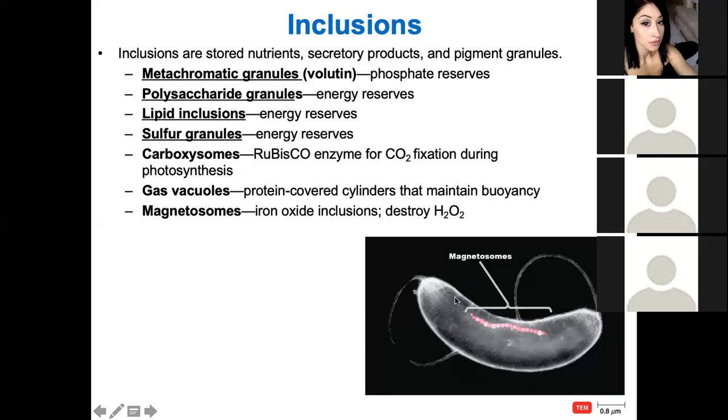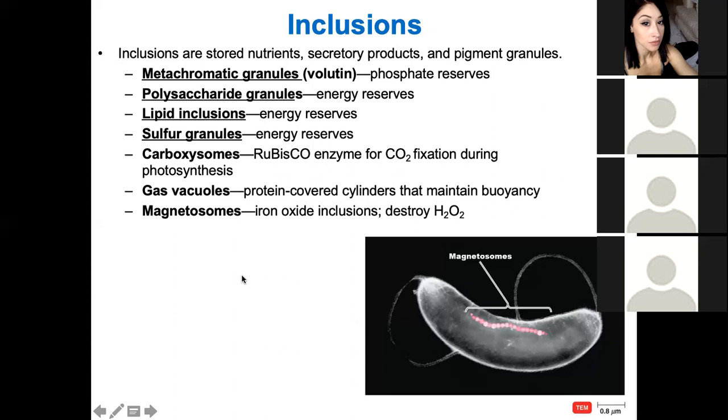And carboxysomes actually are sometimes quite easy to see because they're very big, sort of hexagonal inclusions inside photosynthetic bacteria. Apart from that, just for interest's sake, some prokaryotes, aquatic ones especially, have gas vacuoles.